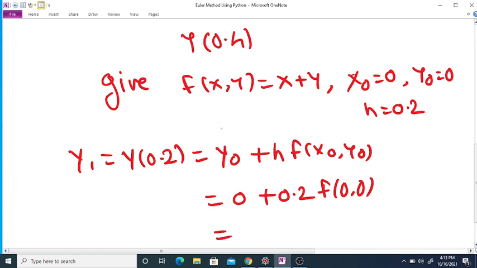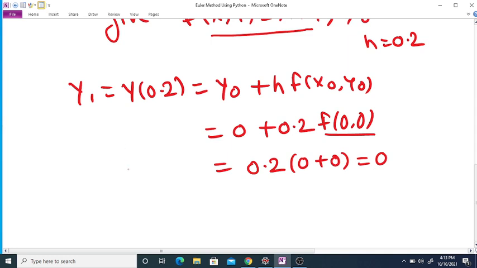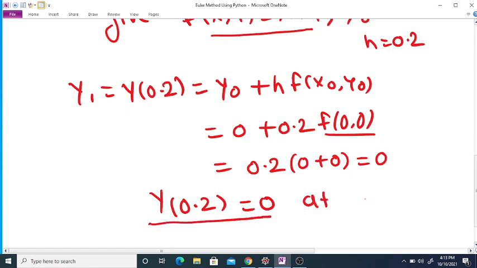What is f of x y? It is x plus y. So we add 0 plus 0. So 0.2 into 0 plus 0, which is equal to 0. So this is the value of y of 0.2 is equal to 0, that is this value gives us the value at x1 is equal to x0 plus h, that is 0.2.